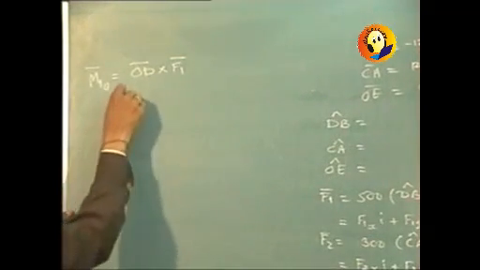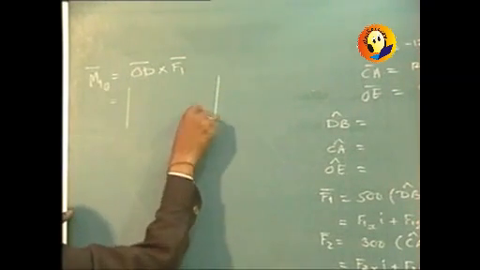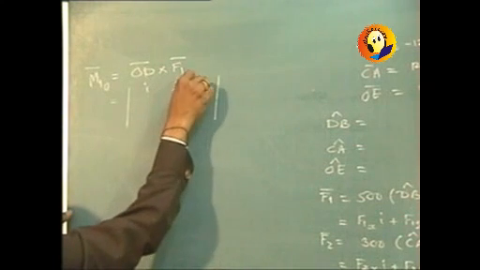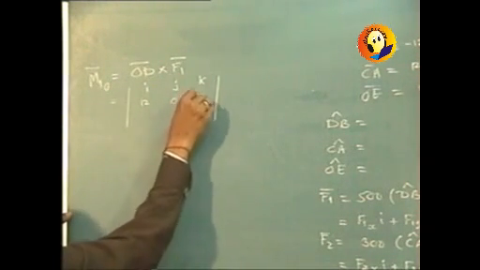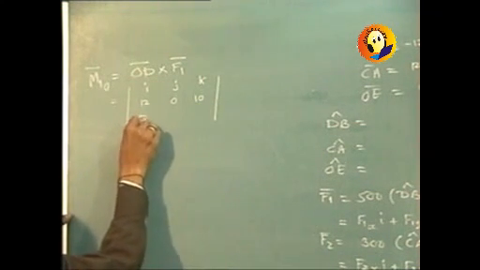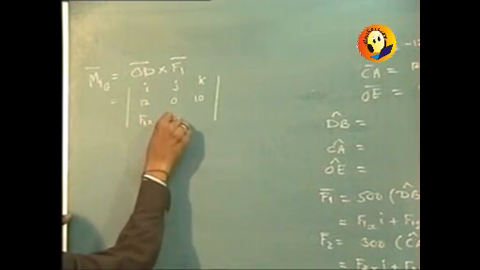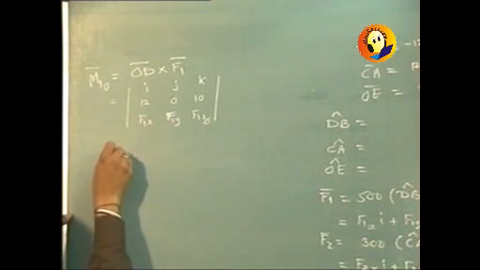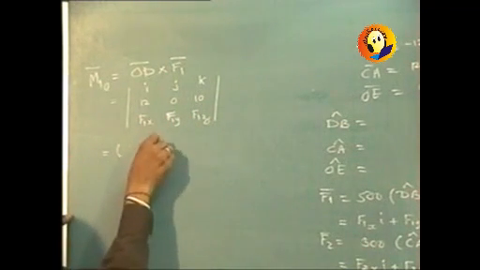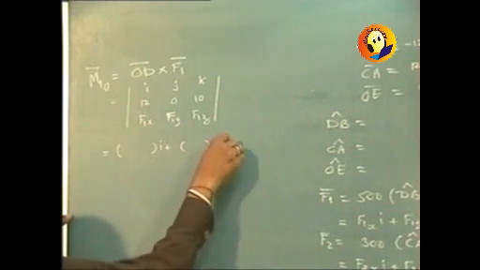And so it will be the determinant i, j, k. OD bar will be 12, 0, 10. And this is F1x, F1y and F1z. And so we can get the answer in ijk form.